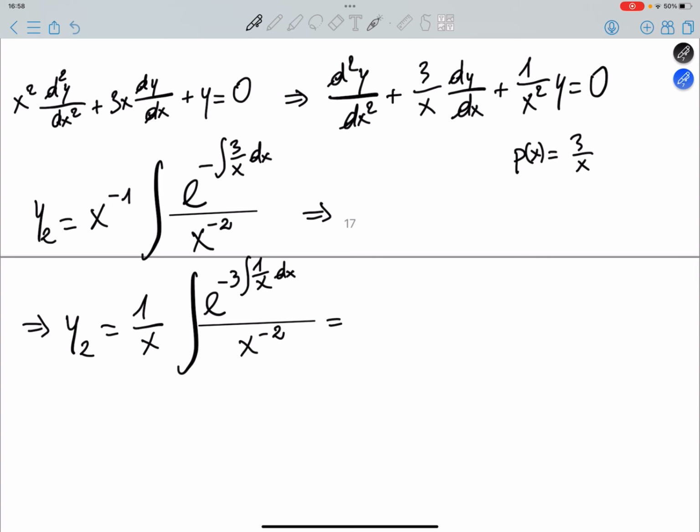Now integration of 1 over x is natural log of x, right? So this is equal to 1 over x integral of e to the power minus 3 natural log of x over x to the power minus 2. By the way, natural log of x, because we know that x is greater than 0, we don't need to put the absolute value, right?